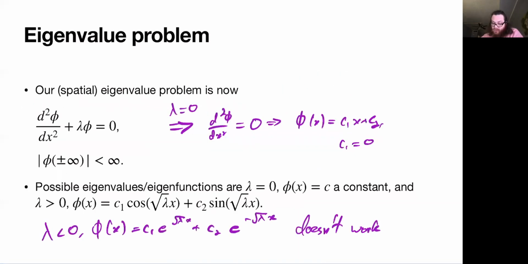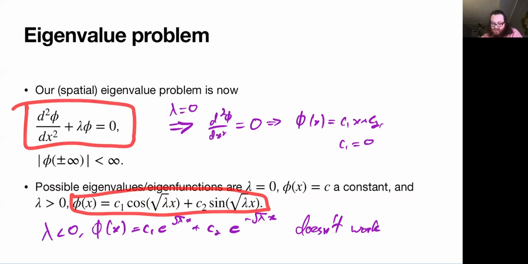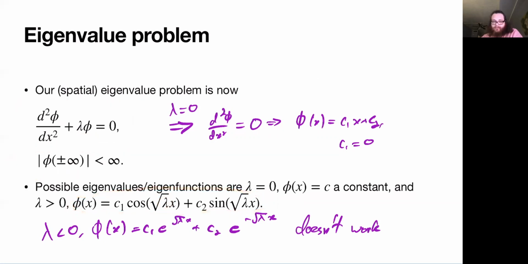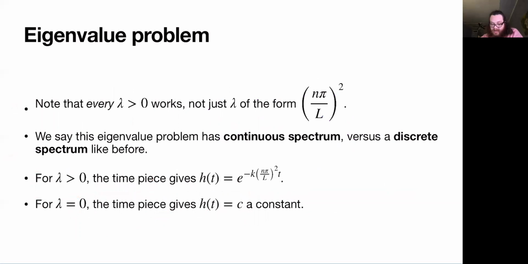You can go back here, plug in whatever you want for positive lambda, take two derivatives, and you end up with negative lambda phi. No matter what real number you plug in, this whole thing solves this, and it's also bounded. So every possible positive real number is an eigenvalue.